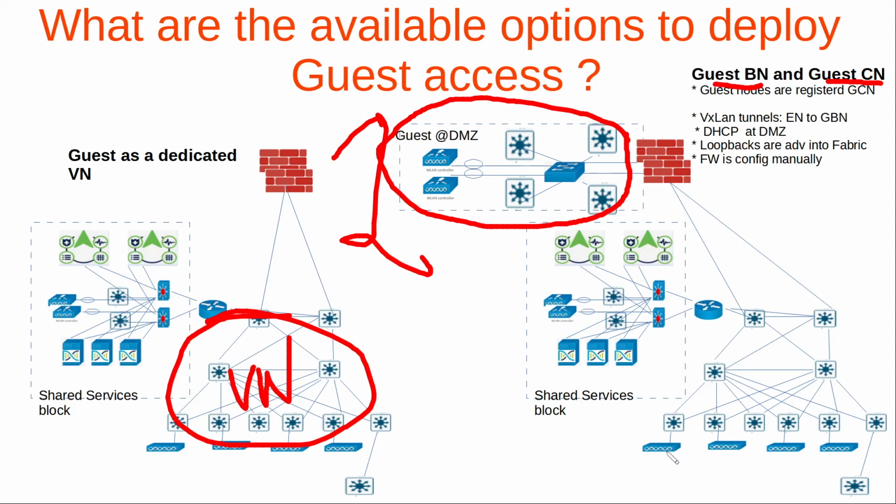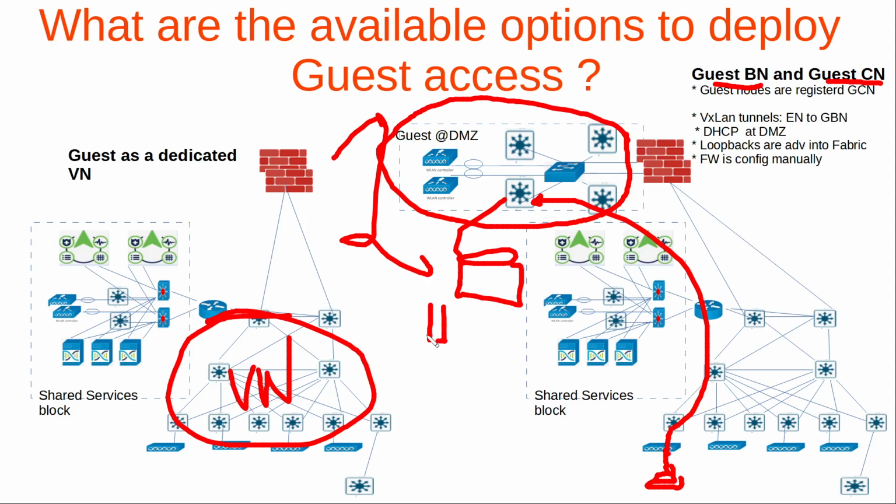In that sense, your guest users that get connected to your network will get registered into your control node. So the host tracking database that exists in this guest control plane node will only have guest user information.